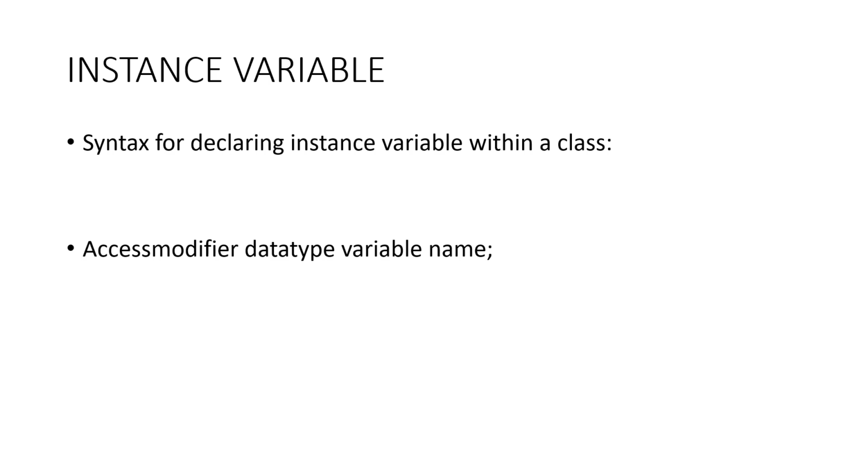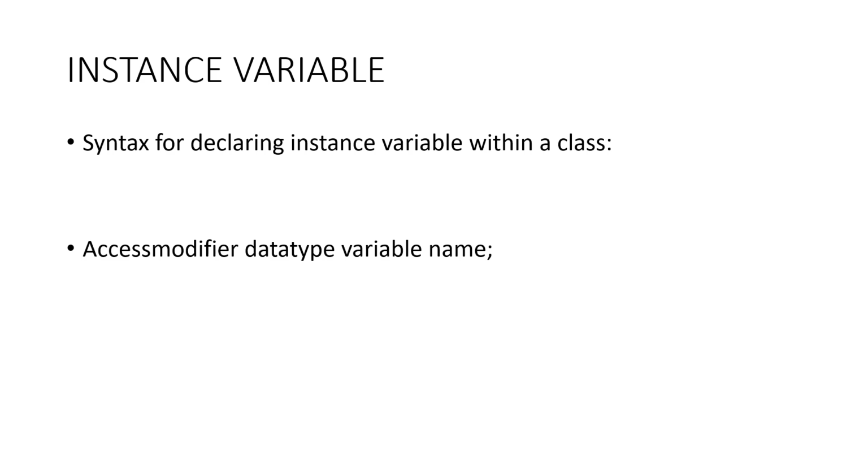So now, the syntax is access modifier, data type, then the variable name. The only difference between declaring an instance variable within a class and just declaring a variable is the access modifier. If you are declaring it within a class, you must include the access modifier.